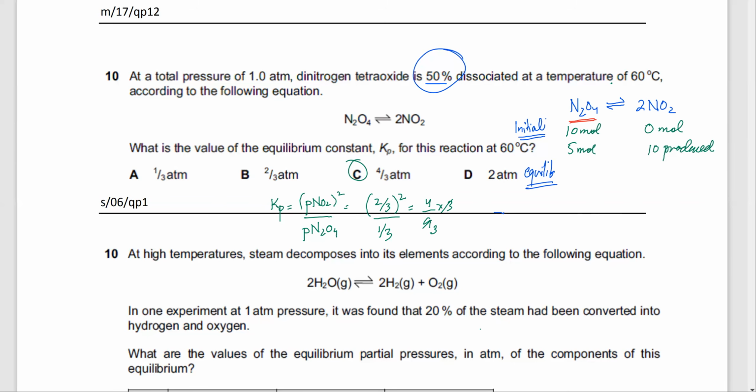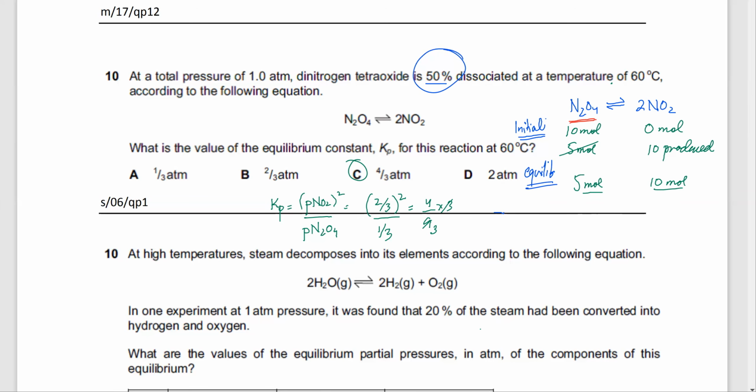So out of 10, 5 have dissociated, so you're left with 5 moles. And 10 moles of NO2 have been produced. So these are my moles at equilibrium.